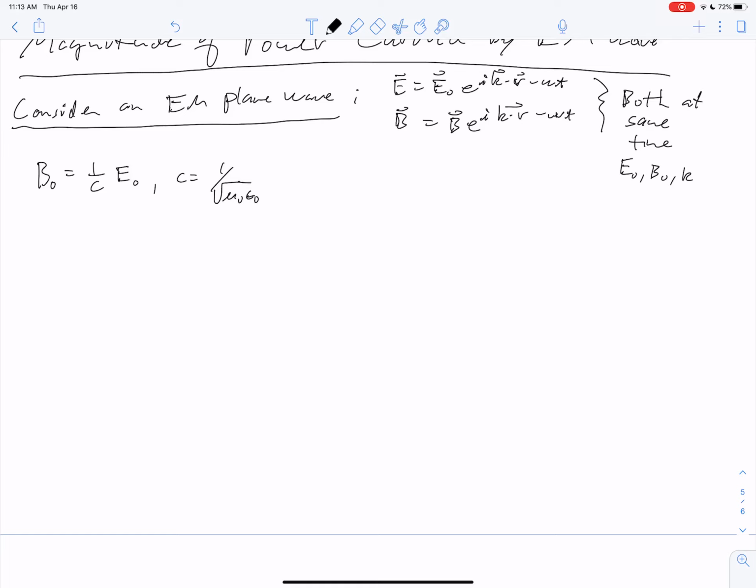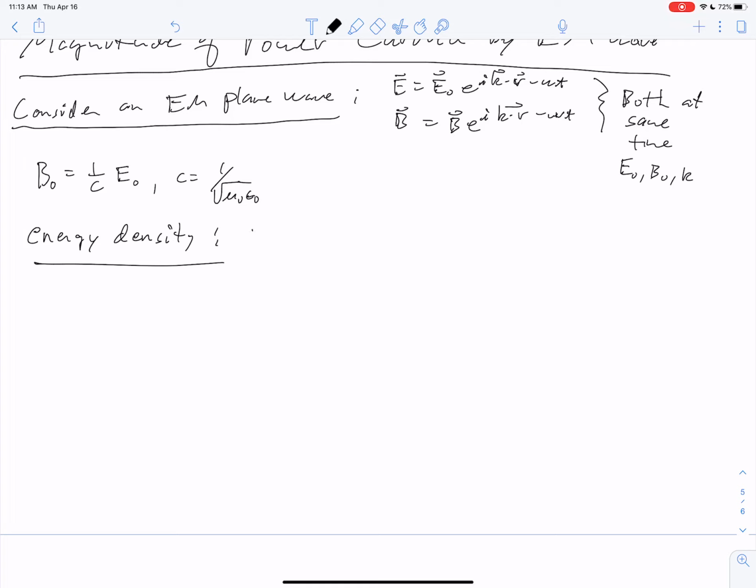Okay, so let's ask ourselves a question. What is the energy density of the electromagnetic plane wave? You know what the energy density of an electromagnetic field is. We've already derived it.